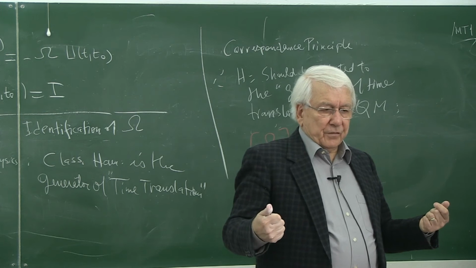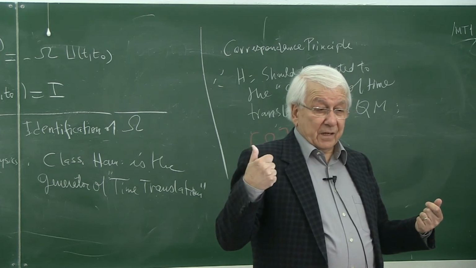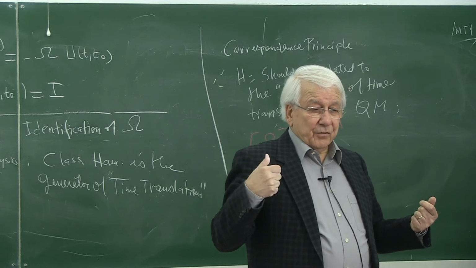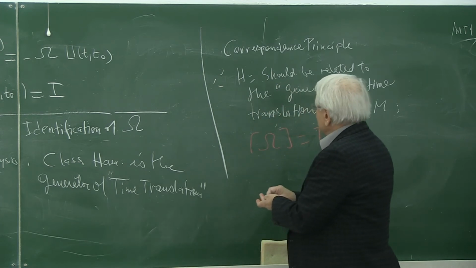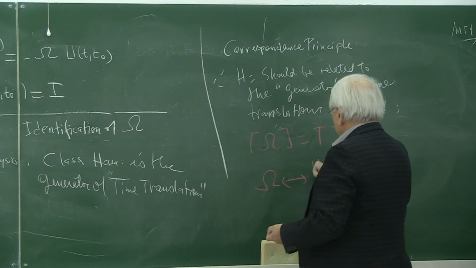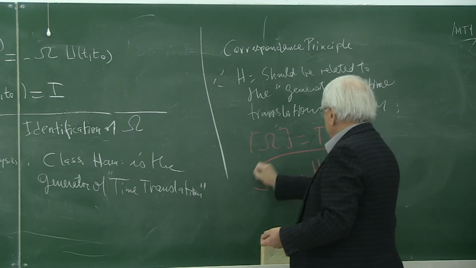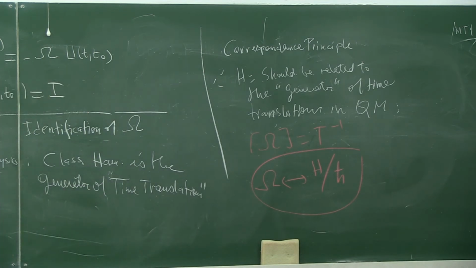It has the inverse dimension. Therefore, this omega is like a frequency, right? It should be energy divided by h bar. Therefore, we identify, based on dimensional accounts, H divided by h bar. That's the correspondence identification.